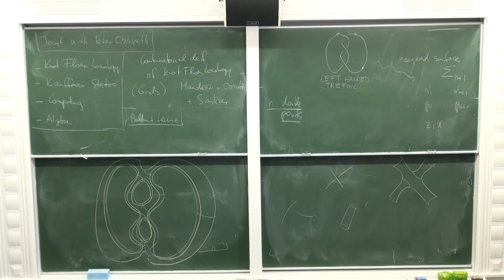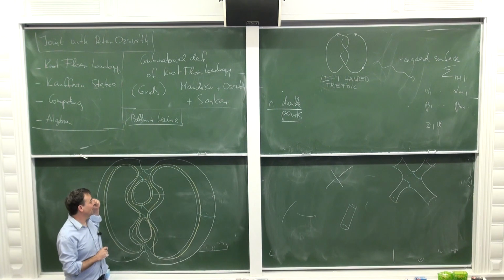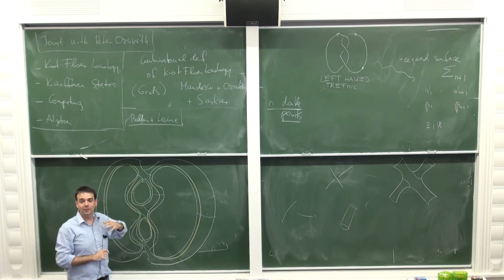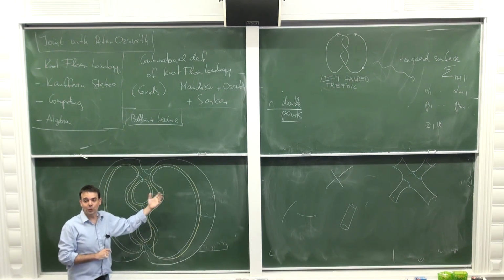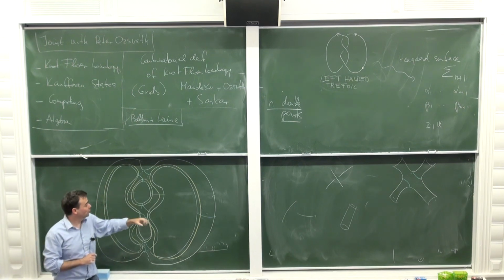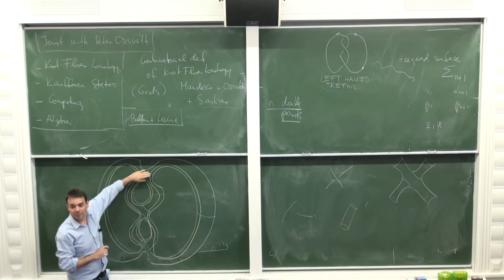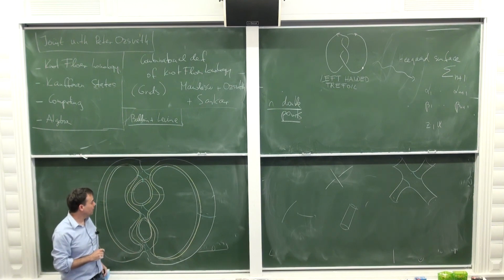So it turns out that's a Heegaard diagram. You can convince yourself it's a Heegaard diagram, but you have to see that each of these circles bound either in the inside or outside discs. The alpha circles certainly bound discs. The beta circles also bound some discs in the inside. So this is at least a Heegaard diagram.